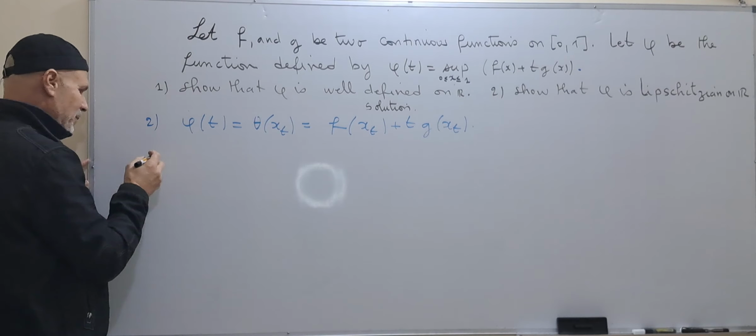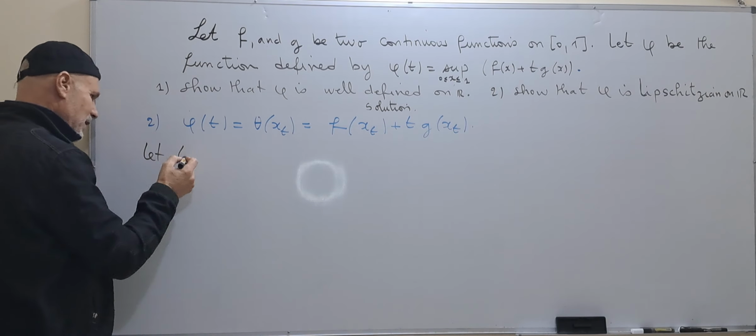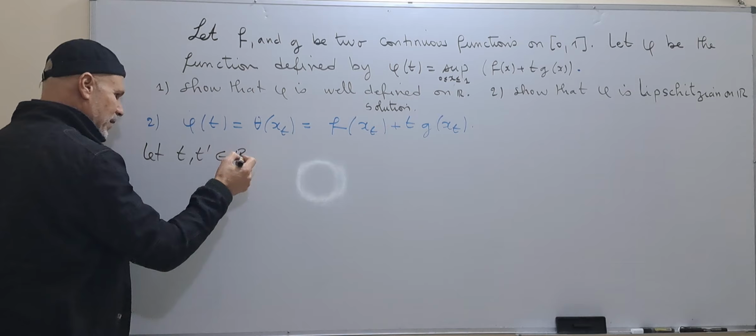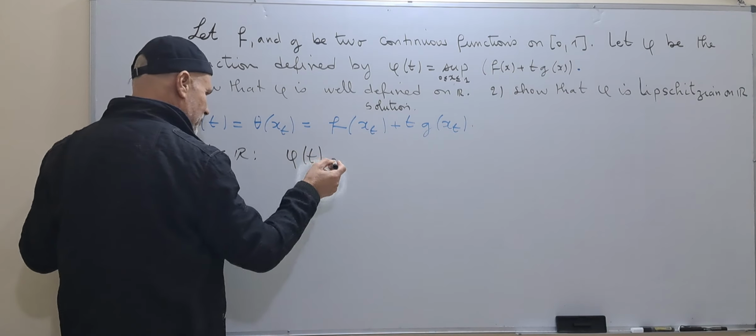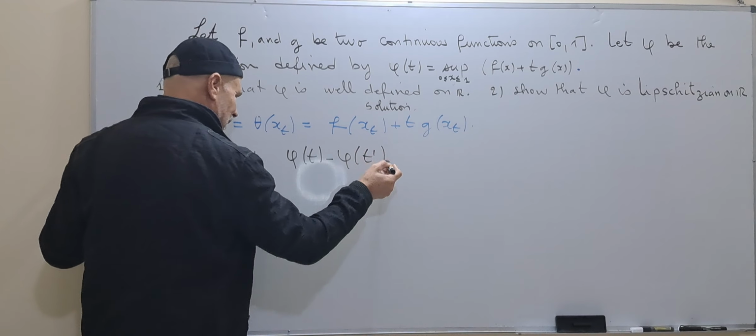Let t and t prime be two real numbers, and let us consider phi of t minus phi of t prime.